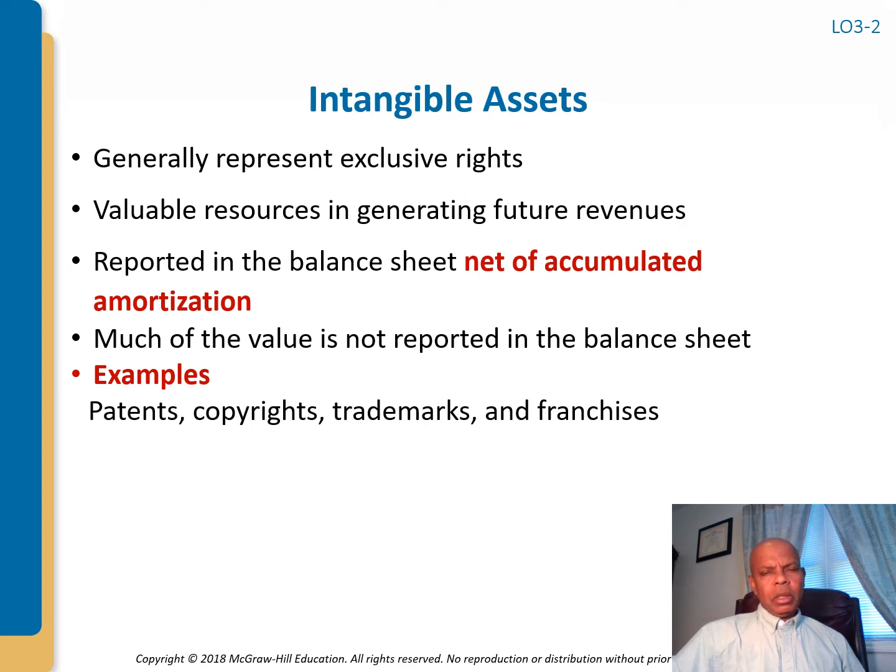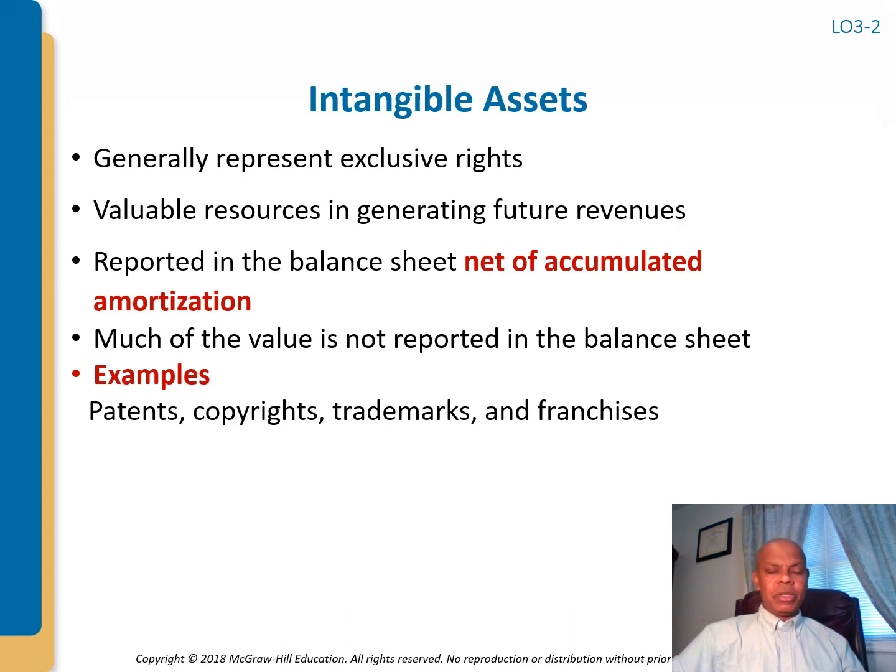Usually, actually, goodwill is not an amortizable asset for book purposes. I want to make sure that you understand that goodwill we do not amortize. That's the intangible item we do not amortize. But that's book purposes. For tax purposes, remember, goodwill is amortizable.